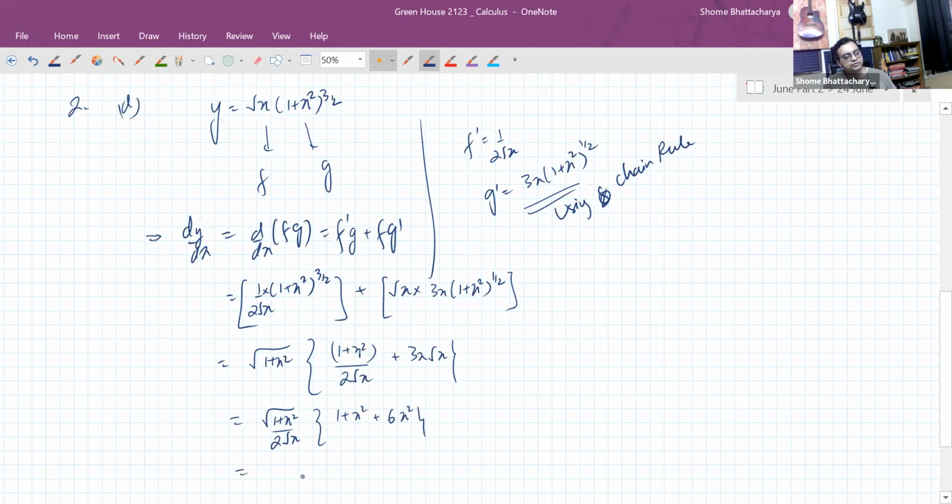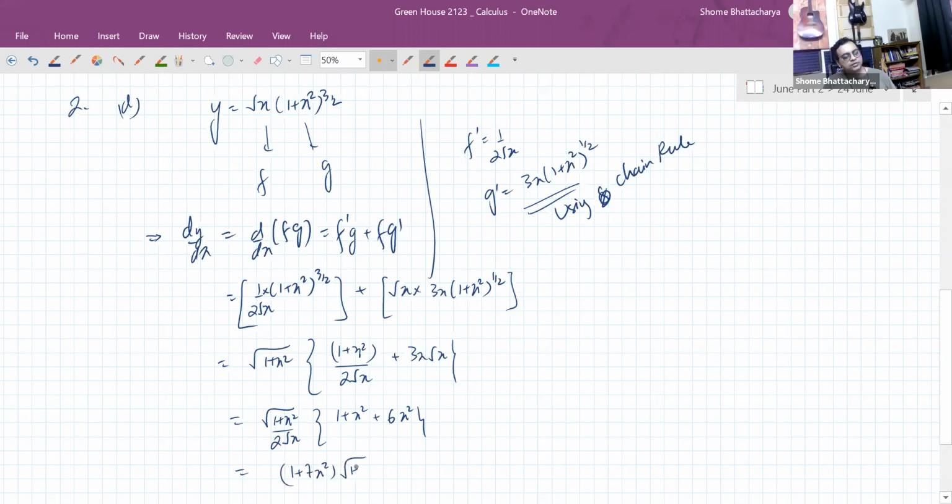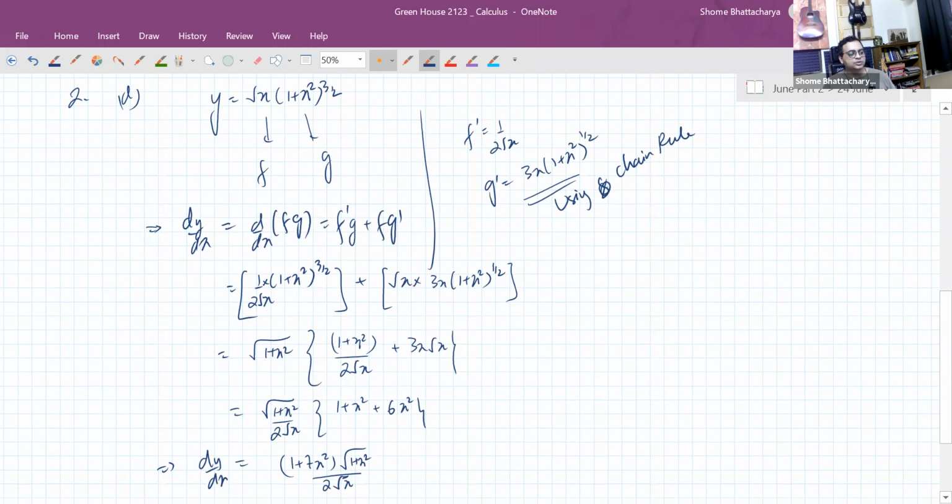So ultimately we'll have 1 plus 7x squared into square root of 1 plus x squared divided by 2 root x. Even some more simplification can be done, but I'm leaving it at this step. More simplification means you can take the square root common in this numerator and denominator also.